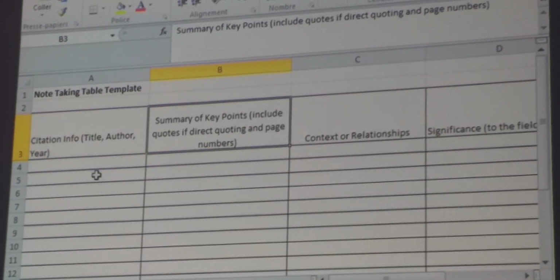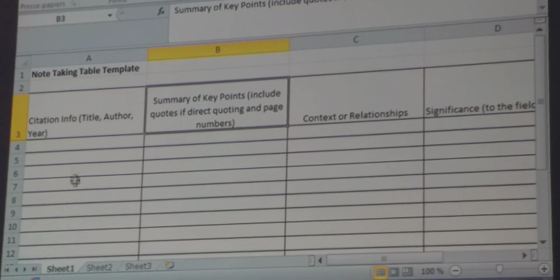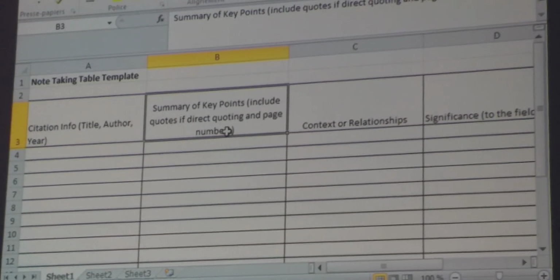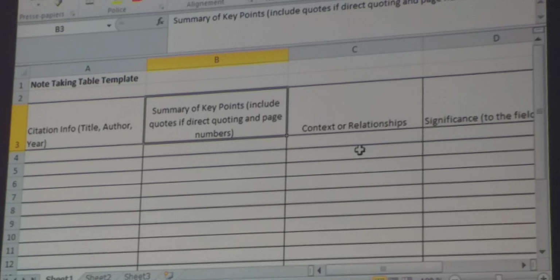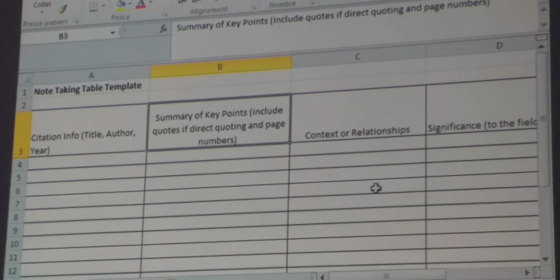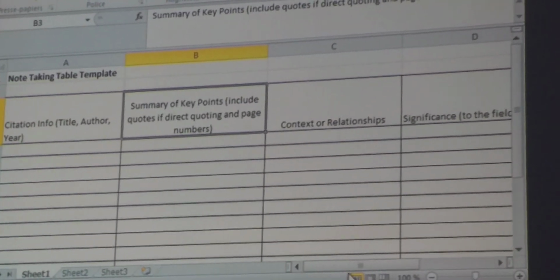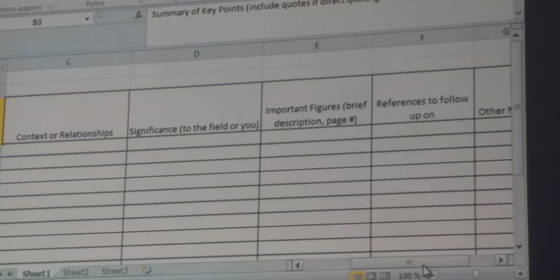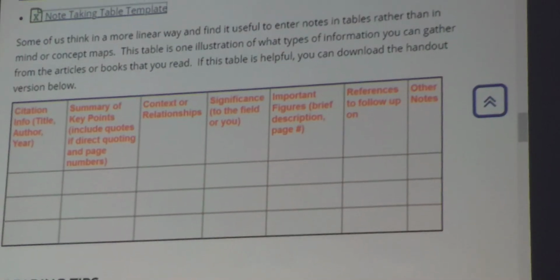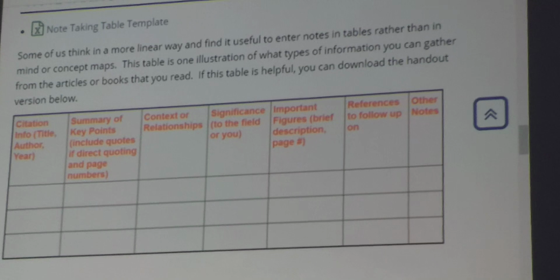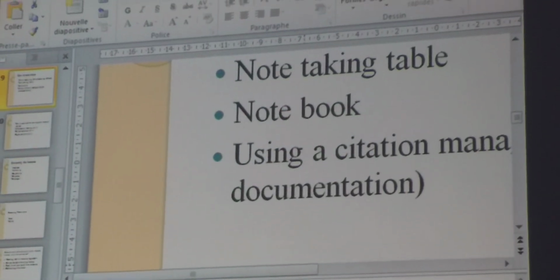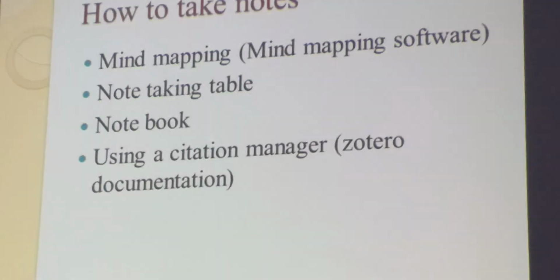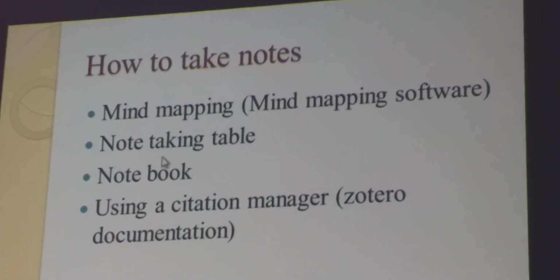I'm going to include all the authors with their books or articles, summary, and context or relations, significance to your field of research, and other remarks, as you can see here. So this is concerning the note-taking table.